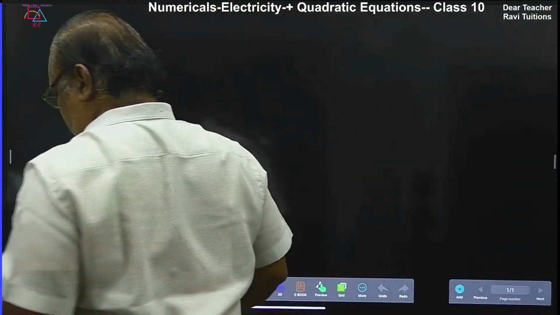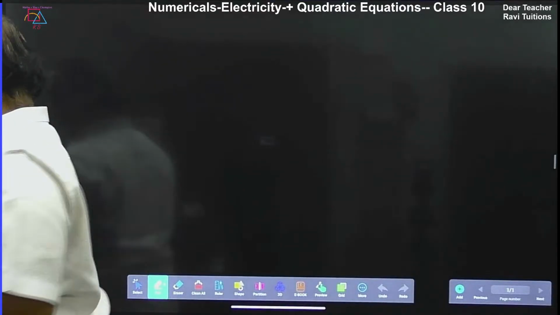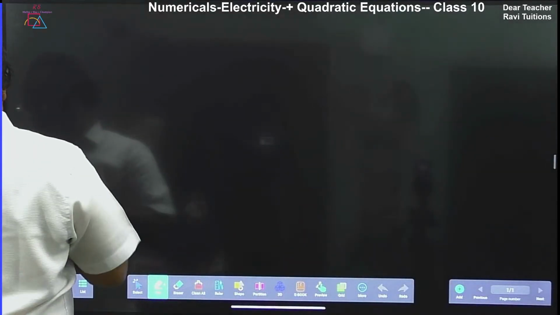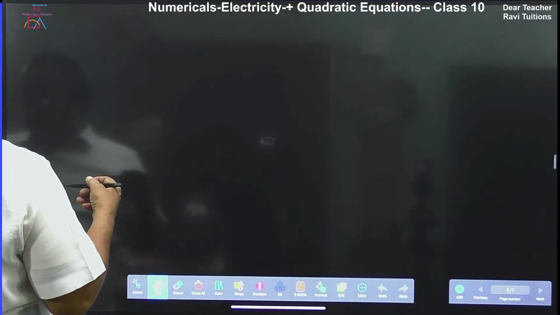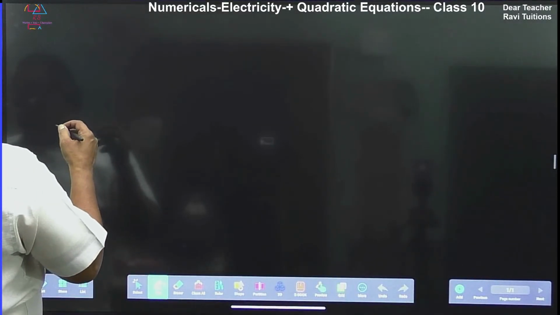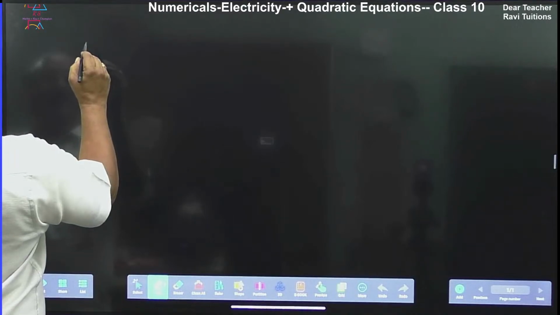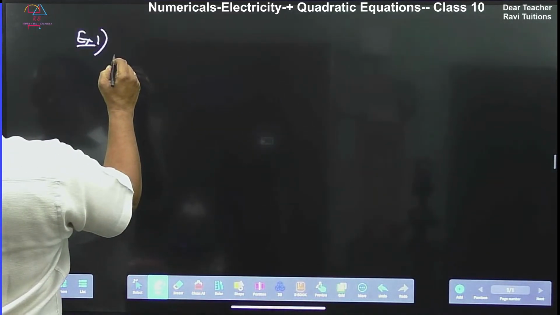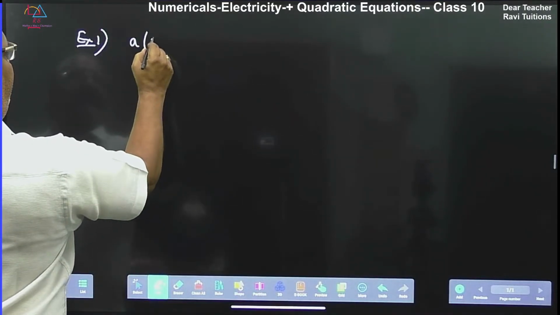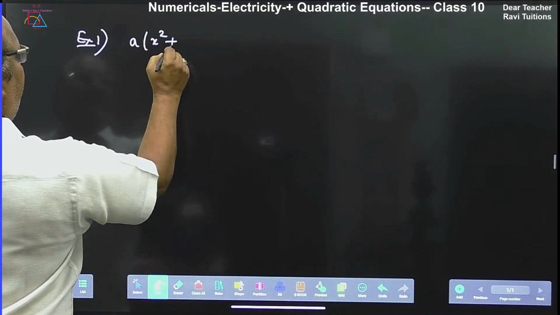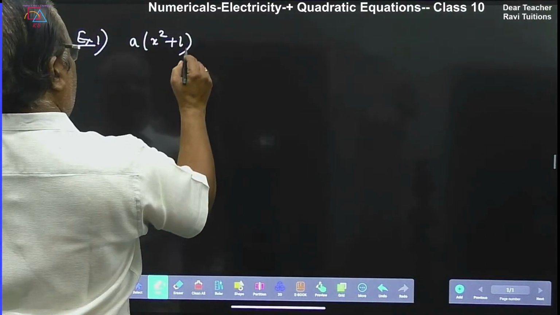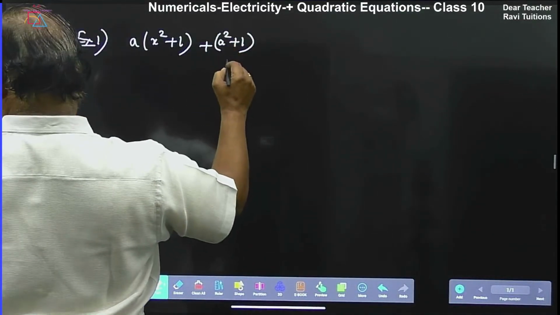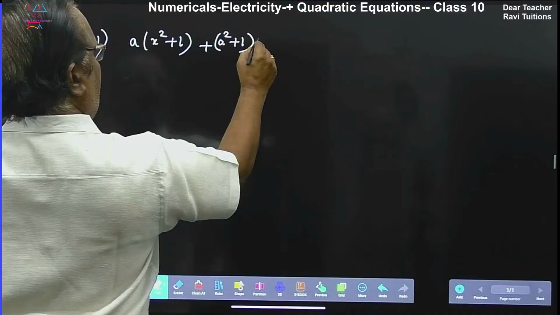This question is also from quadratic equations, and most of the students are having problems. Example 1, today's example 1: a into x square plus 1, plus a square plus 1 into x is equal to 0.